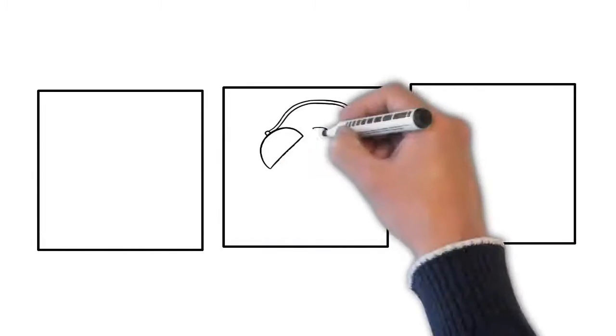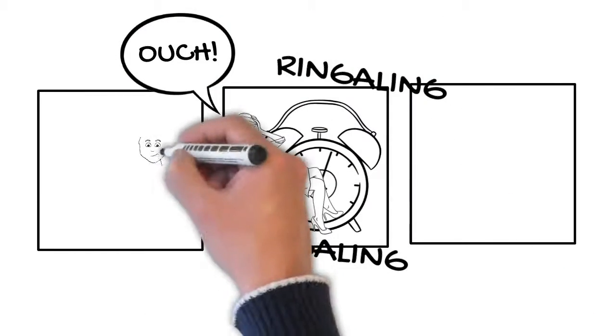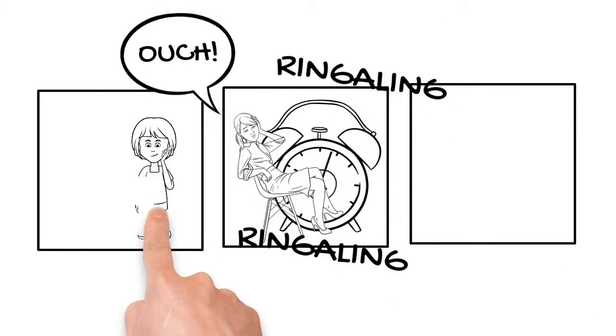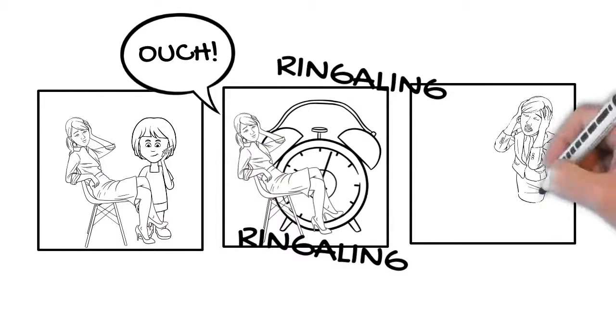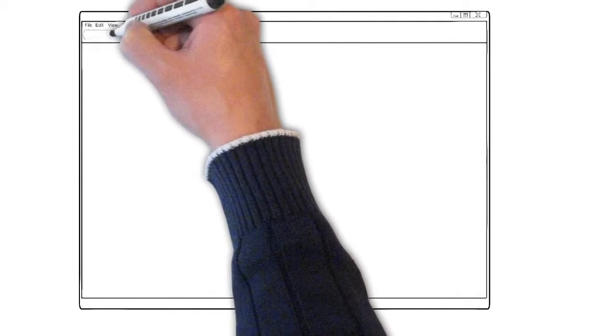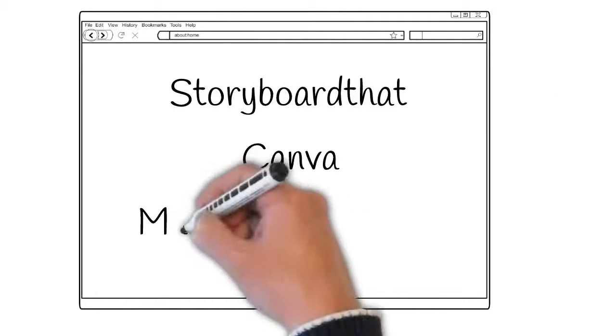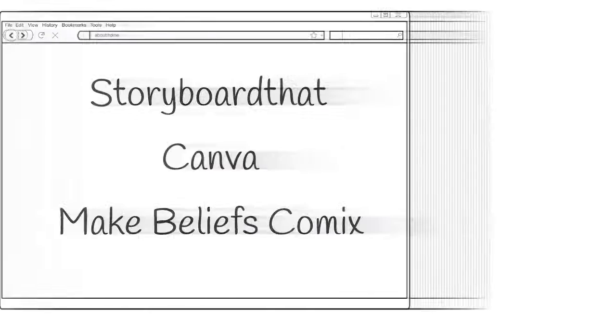These panels would involve using at least 2 characters, props, speech balloons, onomatopoeia, and a gag. Students with mobile impairments that prevent them from creating hand-drawn images could use online platforms such as Storyboard That, Canva, and Make Beliefs Comix to create images depicting their illustration.